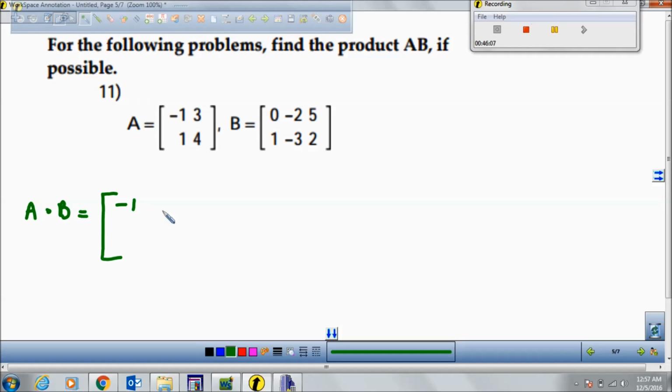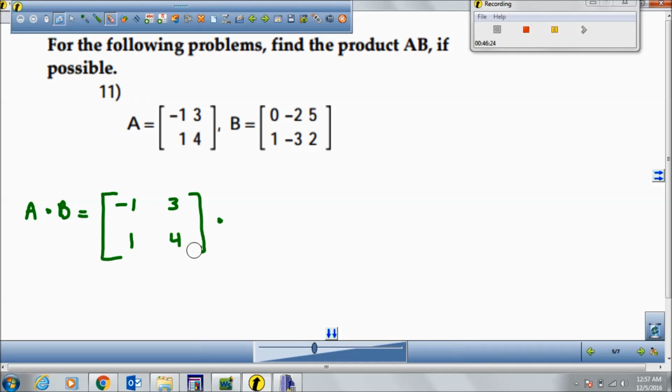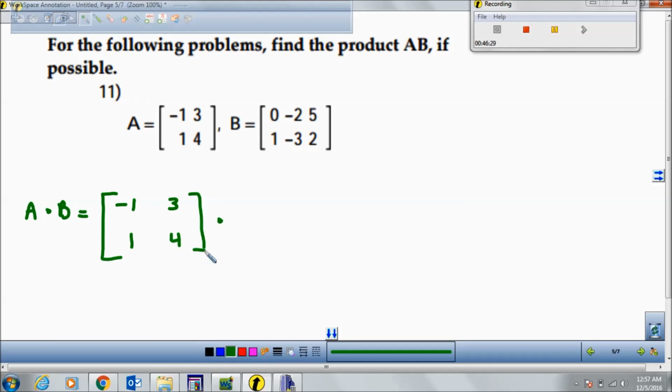So A times B means you're going to put first A and then B. So negative 1, 1, 3, 4, times B, which is 0, negative 2, 5, 1, negative 3, and 2.